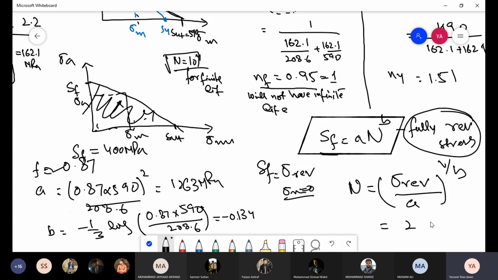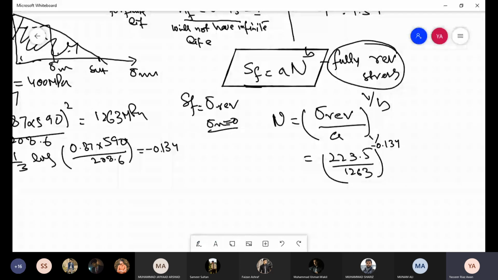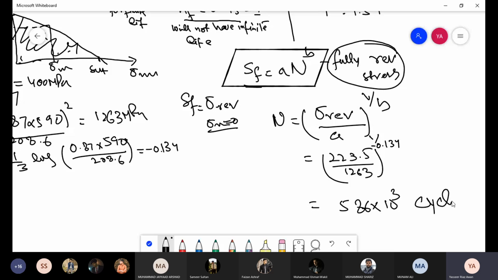So for this value, that is 223.5, and value of A is 1263, this would give us the number of cycles to failure, that is 586 into 10 to the power 3 cycles.